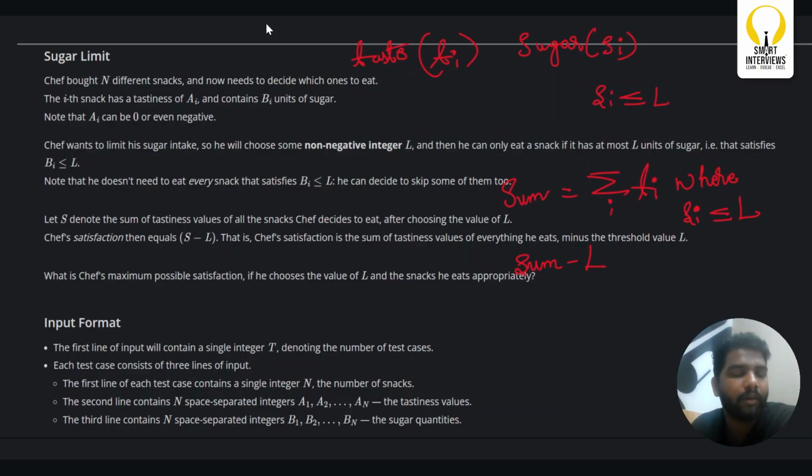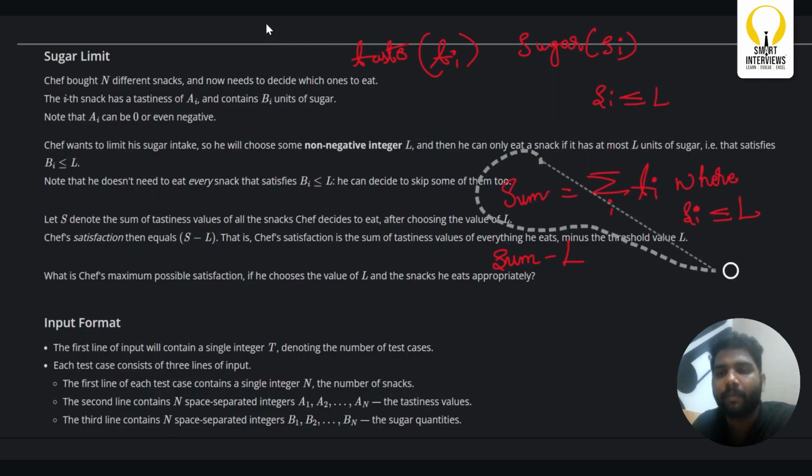That's all. Now, what is the expected answer? Chef wants to maximize the satisfaction level. We have to decide the value of L, and we also have to decide the snacks to be eaten when the value of L is given, and find the maximum satisfaction possible.